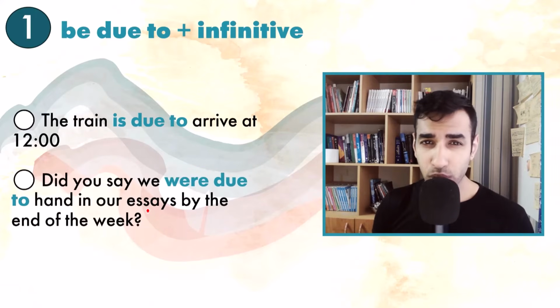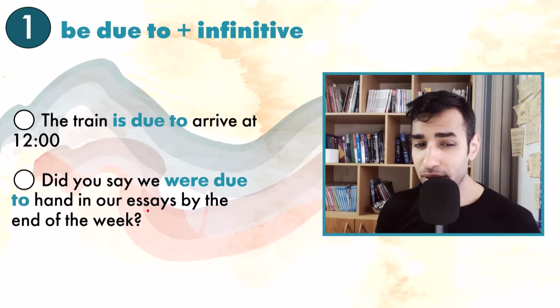A reported speech. Did you say, reporting verb, we were due to hand in our essays by the end of the week? A question, a yes-no question, and reported speech.